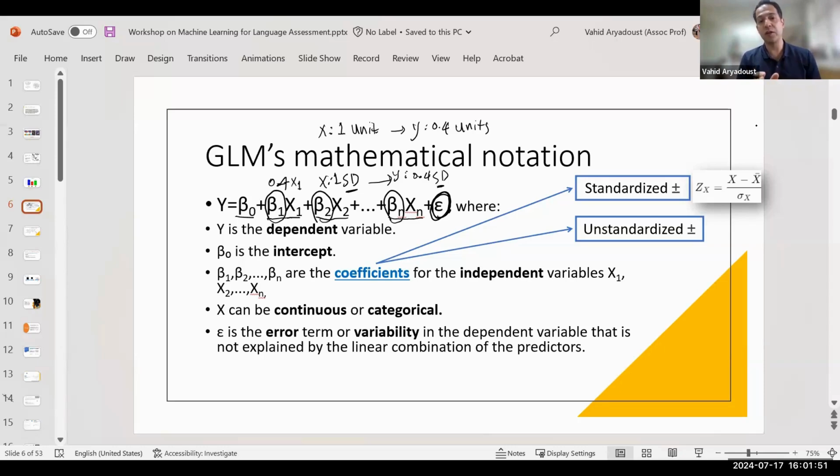Now, there's one more thing here. In machine learning, with specific focus on neural networks, standardized or unstandardized coefficients do not really exist, because we're not talking about statistical inferencing. These values are useful only if we want to draw some kind of statistical inference.